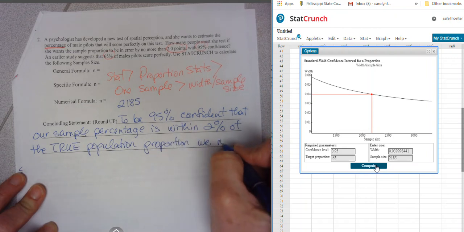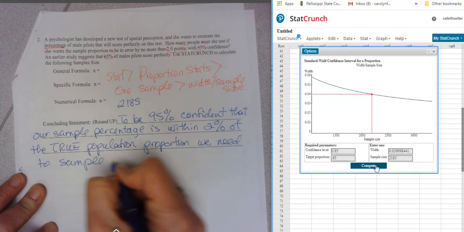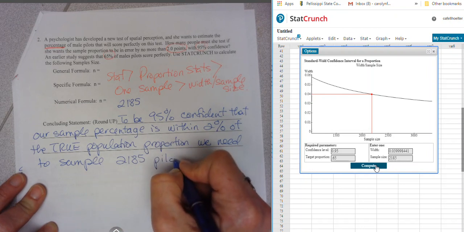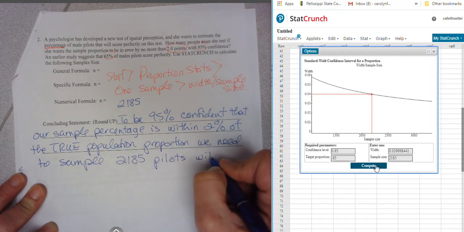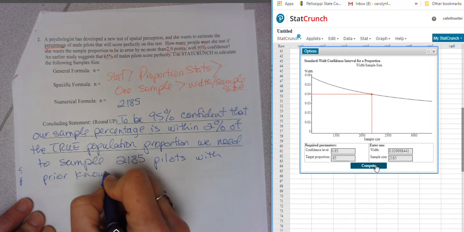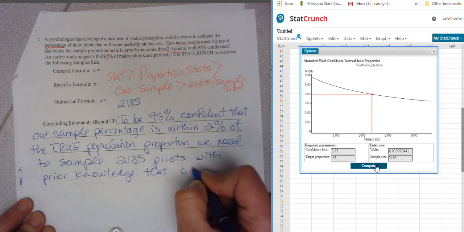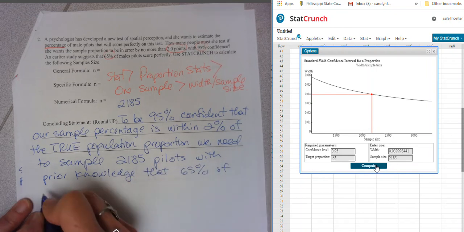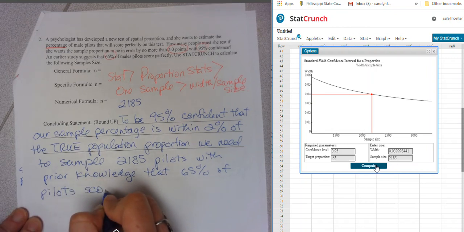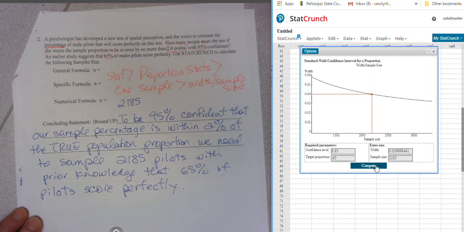We need to sample 2,185 pilots with prior knowledge that 65% of pilots score perfectly. All right, that's it.